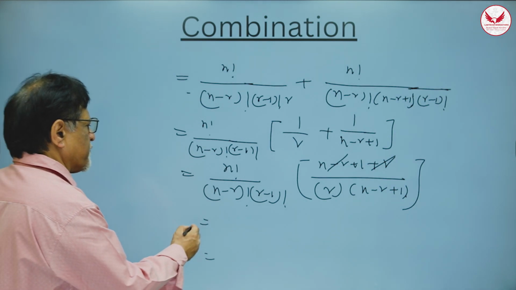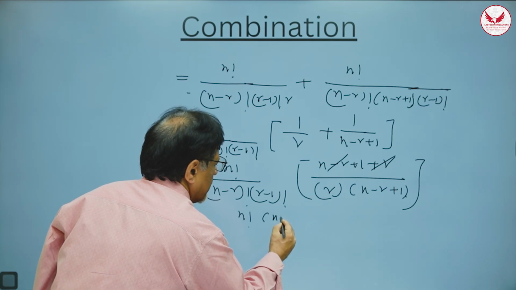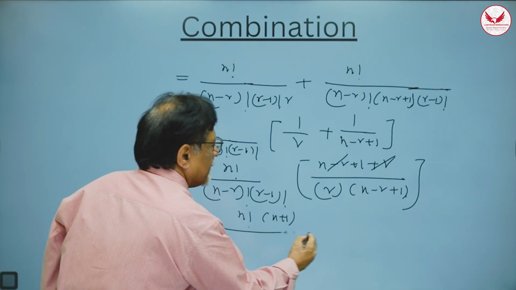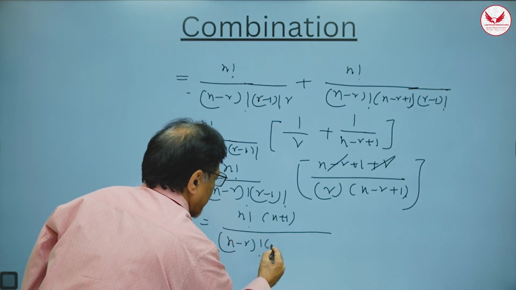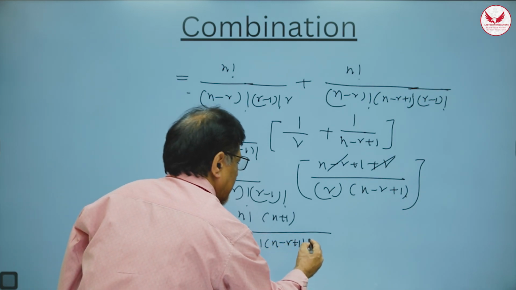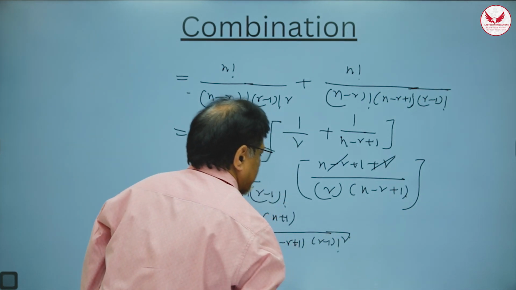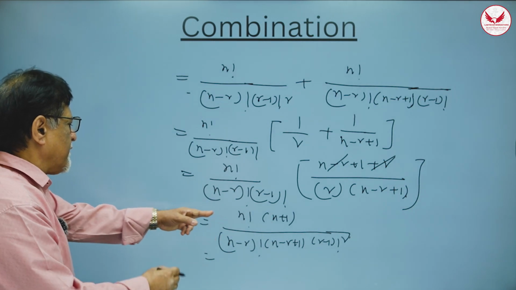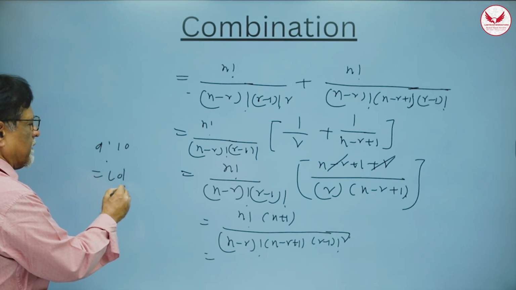Now you get a very interesting thing. See, n factorial multiplied by (n plus 1). Right? Then (n minus r) factorial multiplied by (n minus r plus 1) from here. And then (r minus 1) factorial multiplied by r. So you can see there, it is like 9 factorial into 10, but that is 10 factorial. You all know.